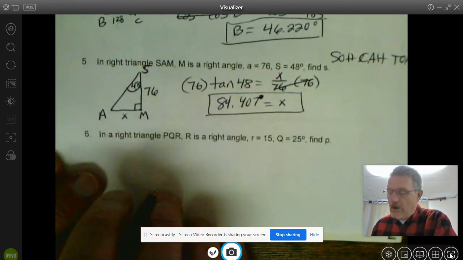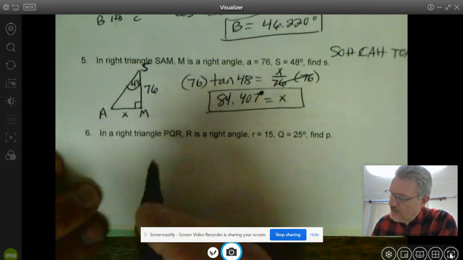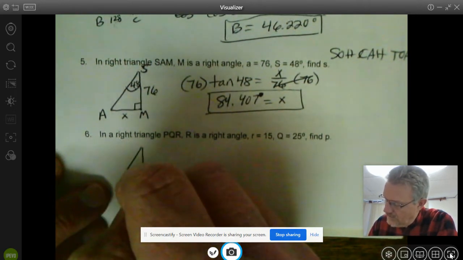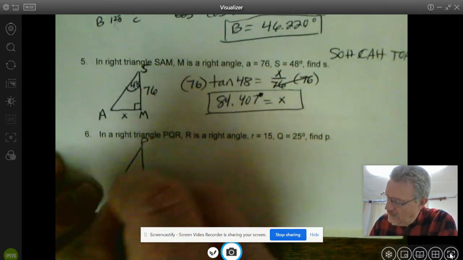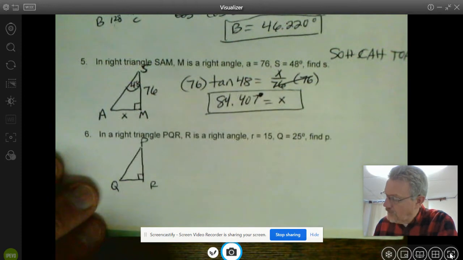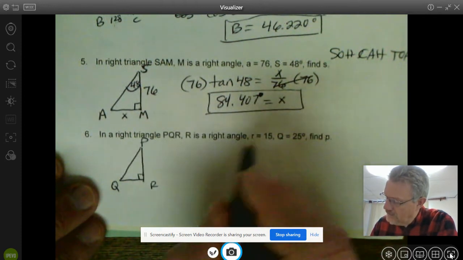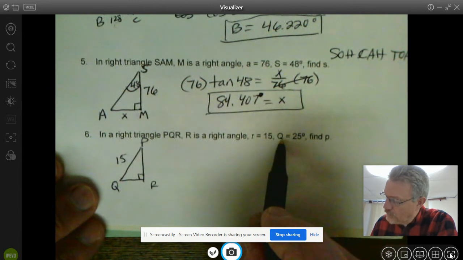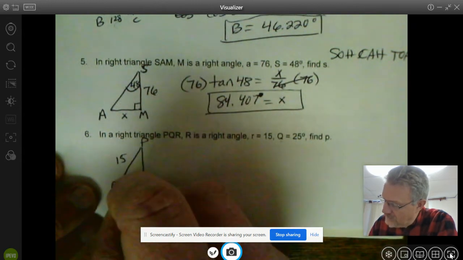All right, number 6. In right triangle PQR, R is the right angle. All right, PQR. R is 15, right? So that's the hypotenuse. Angle Q is 25 degrees.